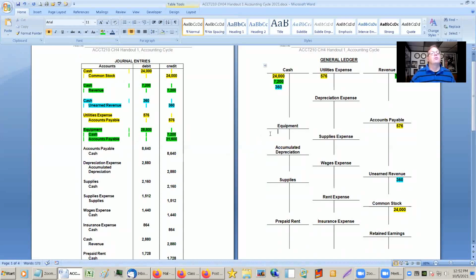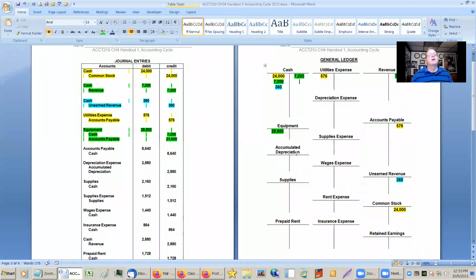Equipment 28,800. Cash 7,200. I just realized that's an unhappy coincidence, those are two 7,200s. Those are not related.